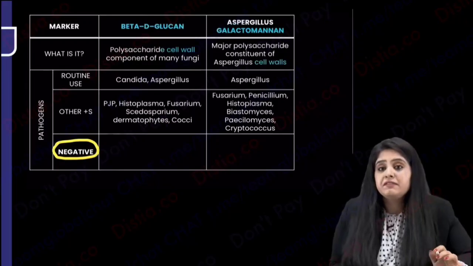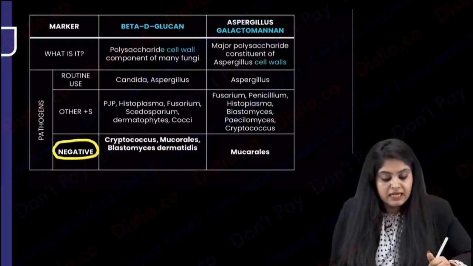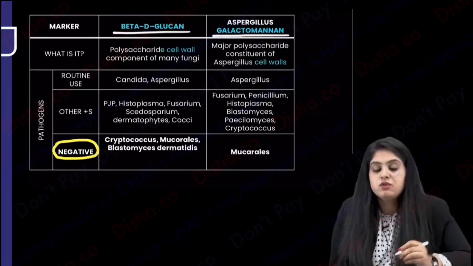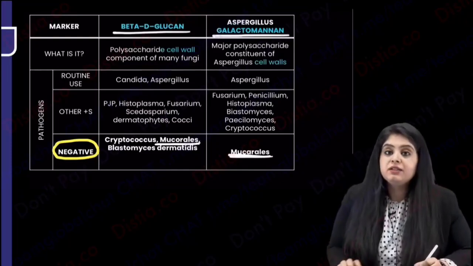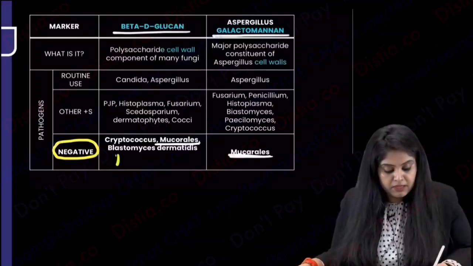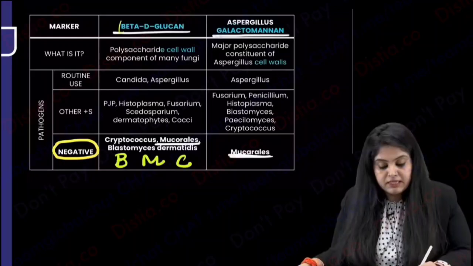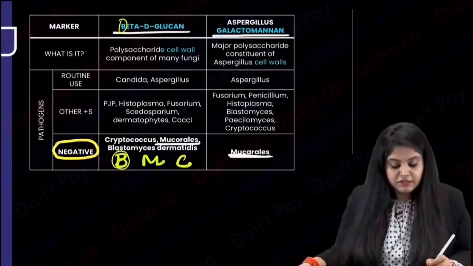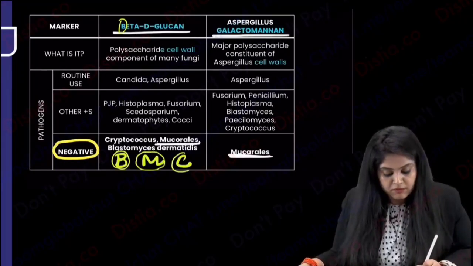Remember that black fungus, the Mucor, was actually positive for none. It was neither positive for beta-1,3-D-glucan nor for galactomannan. So Mucorales or Mucor is not going to be positive for either of them. Now what do I have to know further? Please remember the mnemonic B, M, C. Beta-D-glucan is not going to be positive in Blastomyces, Mucor, and Cryptococcus.